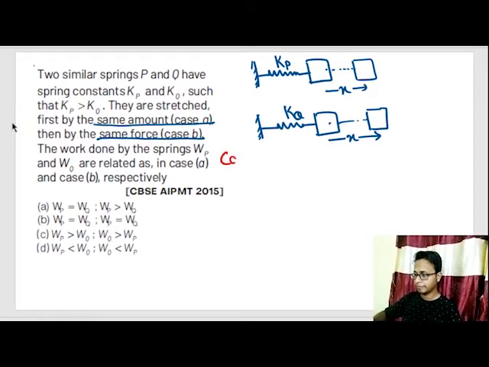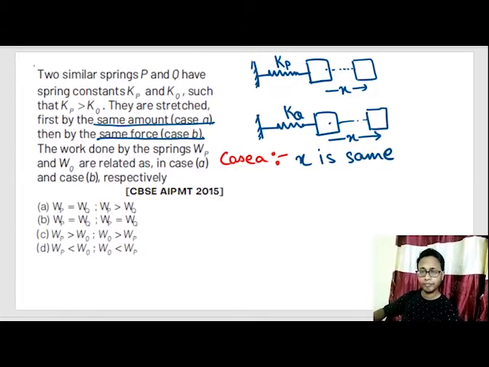So case A, x is the same, or displacement x is the same. Therefore work done is equal to minus kx dx, or is equal to minus kx square by 2.